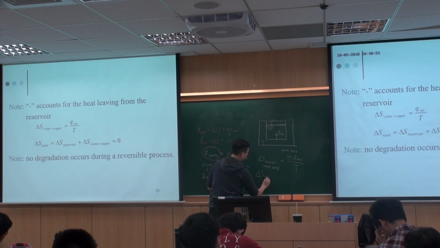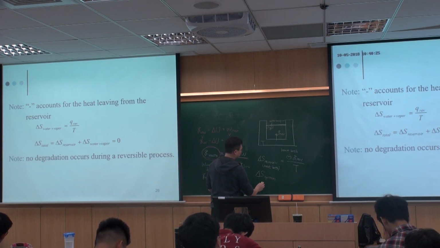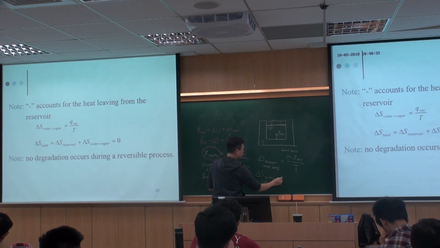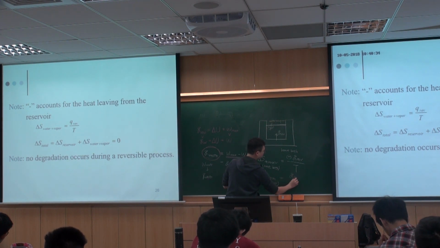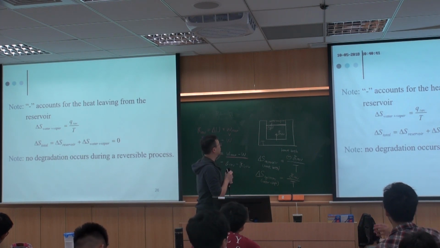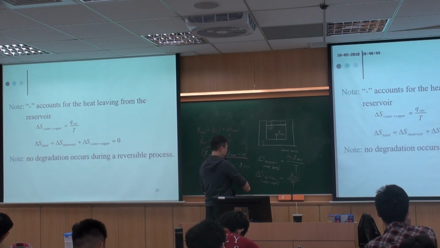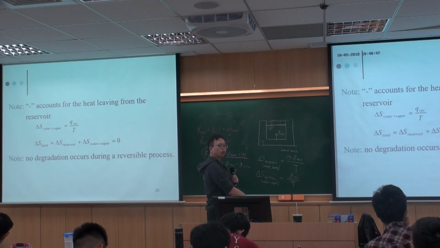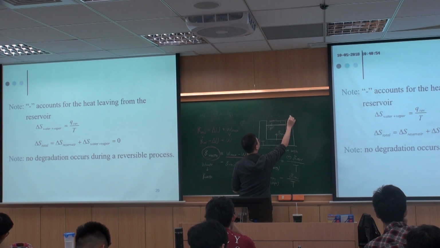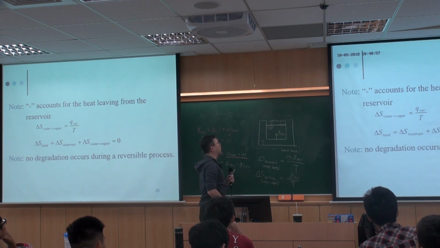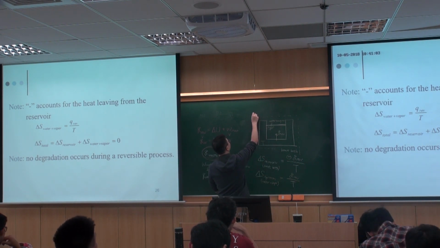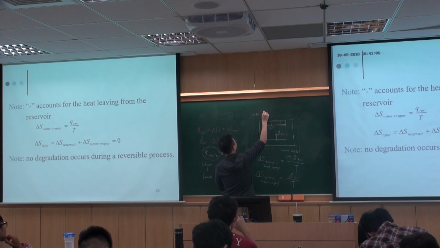So delta S system, or you can say this is the water plus vapor, is Q reverse over T. So if we consider the whole thing, delta S total, the heat bath plus the system as our universe, we call this total, or you can say this is universe.